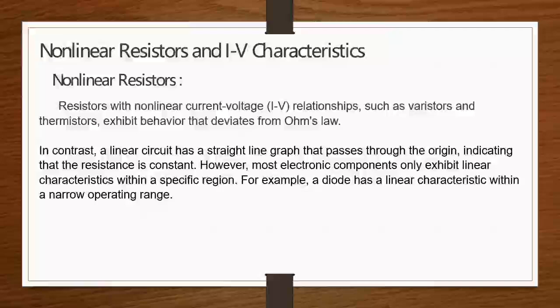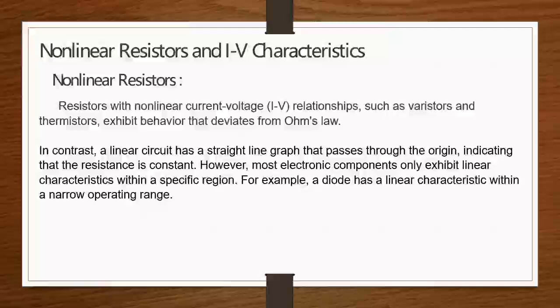In contrast, a linear circuit has a straight line graph that passes through the origin, indicating that the resistance is constant.